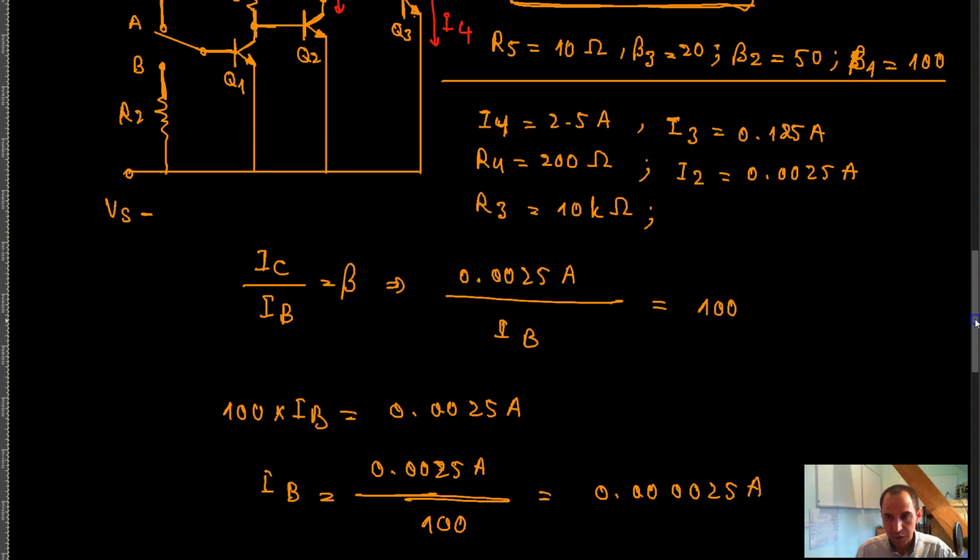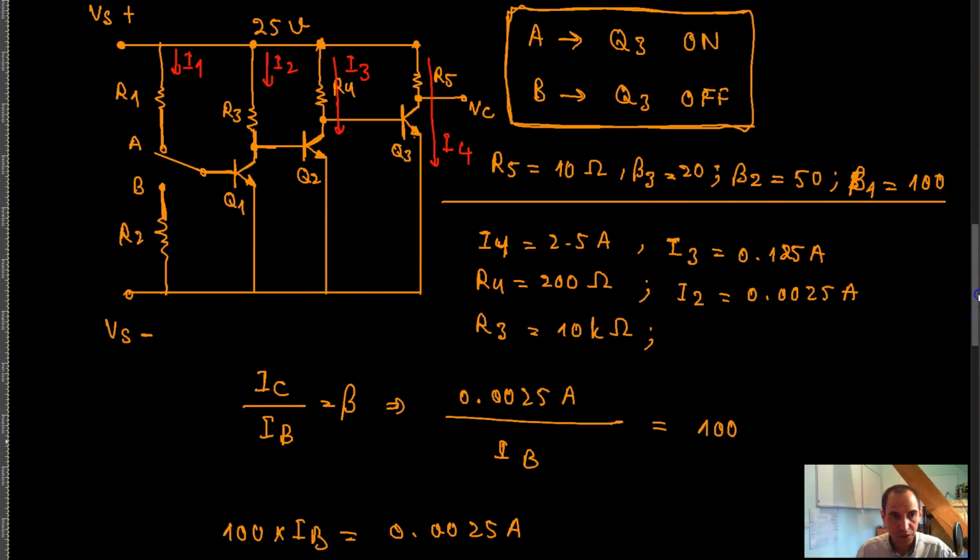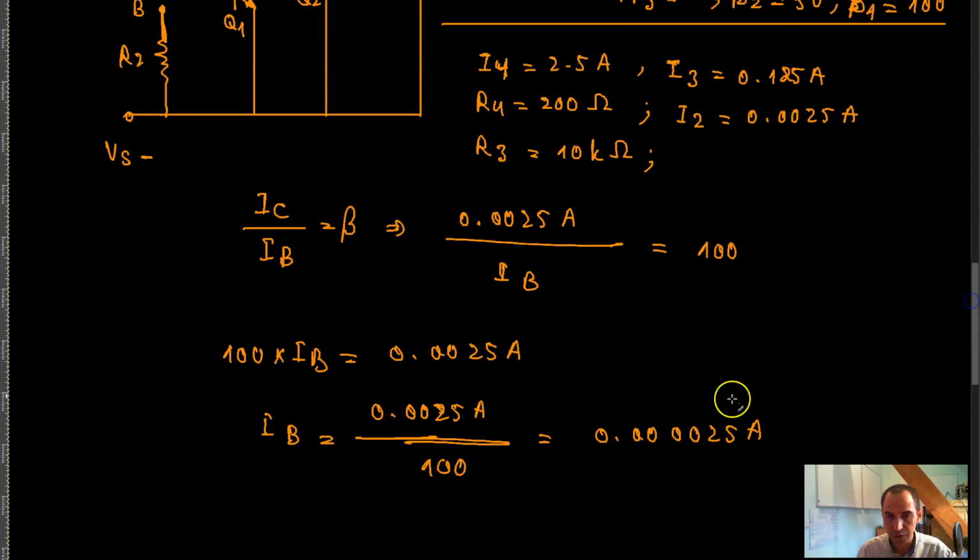So that means that basically I1, this base current, is supposed to be this current over here. I1 is supposed to be 0.000025 amp.